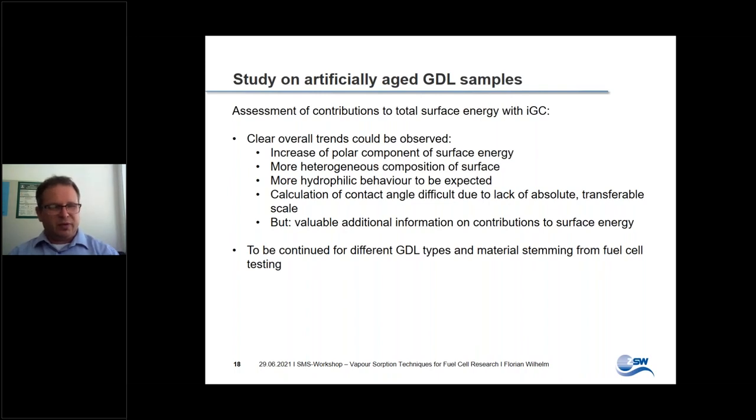So that is still something that we're investigating and working on. But as you could see, we are able to gain some valuable additional information on the contributions to surface energy. This is to be continued for different GDL types and of course materials stemming also from fuel cell testing, to be compared with those values from artificial aging.